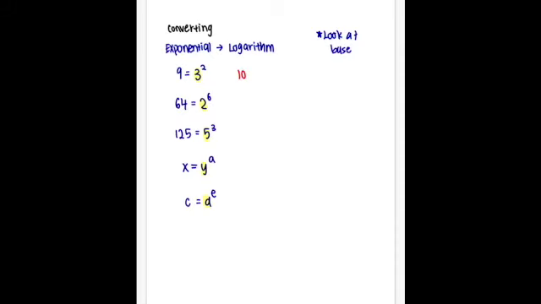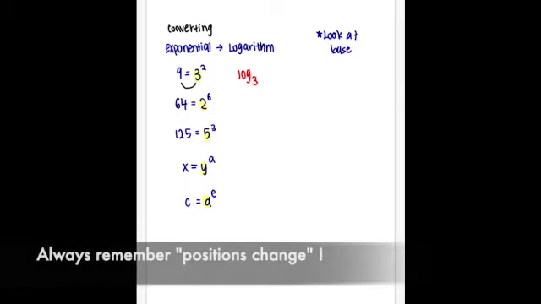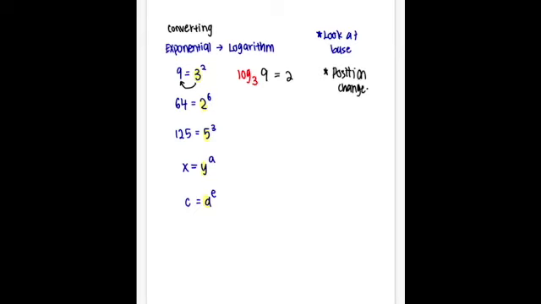First you rewrite it as log to the base, so log 3, and remember that the position will change, so the 3 will go towards the 9 instead. Hence it is log base 3 of 9, and this whole thing equals 2. The next thing to take note of is that the position will switch. You can try the same thing for the remaining examples to familiarize yourself.